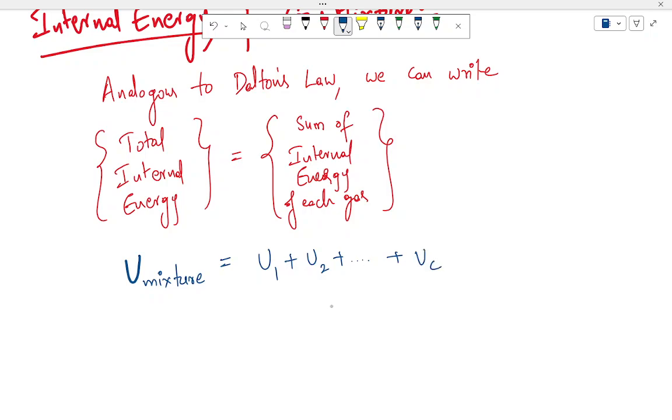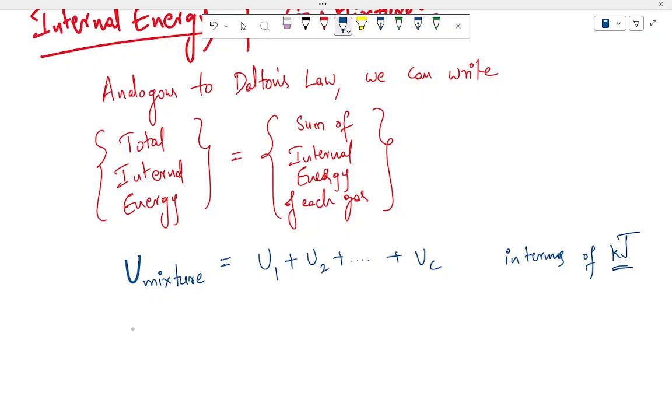Here I have used the capital U, meaning that U is measured in kilojoules. That is the unit of U here.